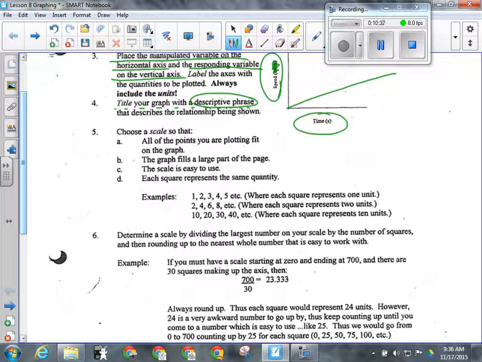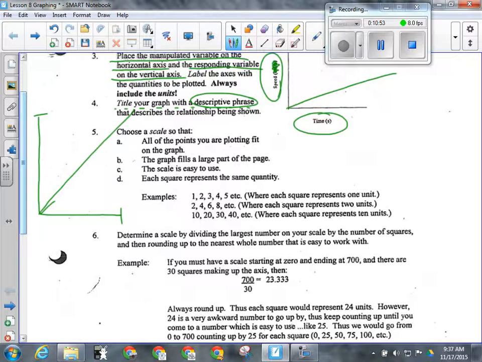I often have people, when they build a graph by hand, if this is their sheet of graph paper, their graph is like this. It's like, how are you going to do any calculations with only that much graph? Why didn't you pick a scale that went all the way out to here and all the way up to here so that your graph could be this big?